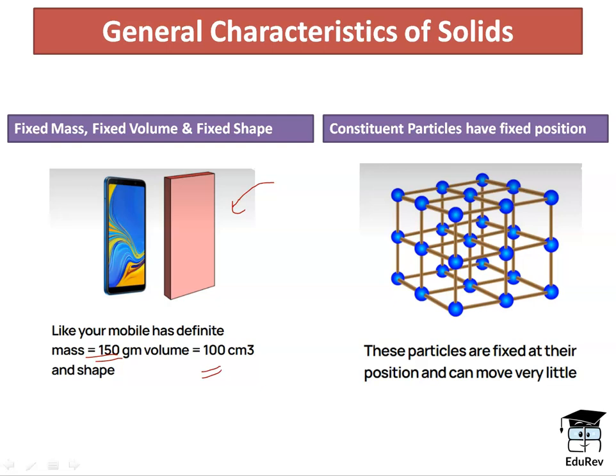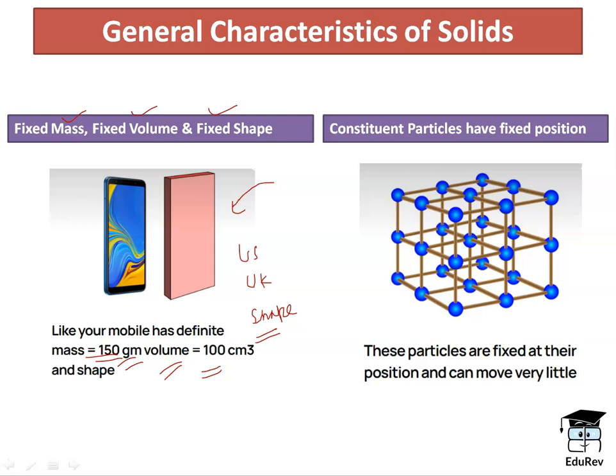If you take your mobile phone to US or UK or to Canada, its shape will not turn circular. It will be the same mobile phone with the same rectangular shape with the same mass of 150 gram and same volume of 100 centimeter cube. So this is the property or characteristic of solid, that the mass is fixed, volume is fixed and shape is fixed.